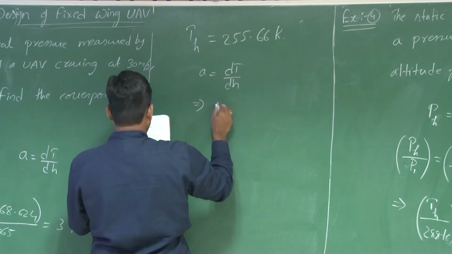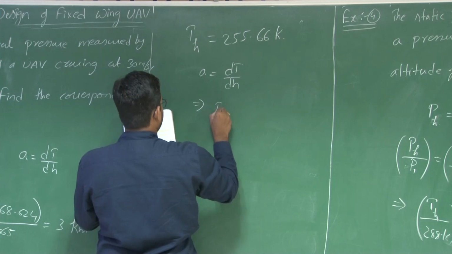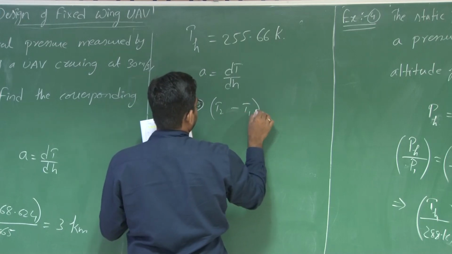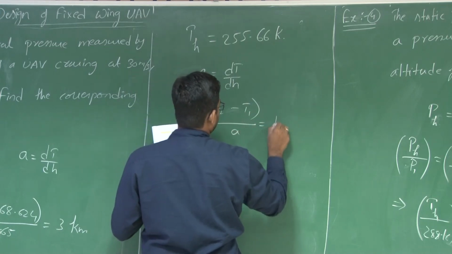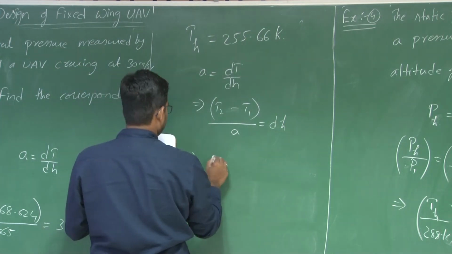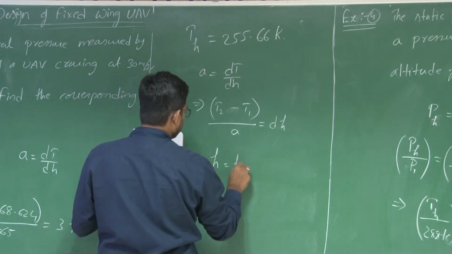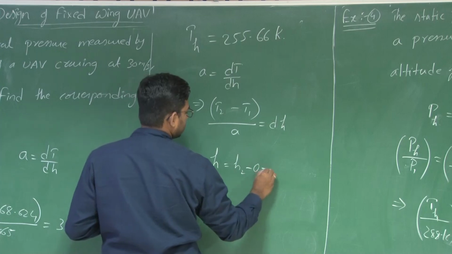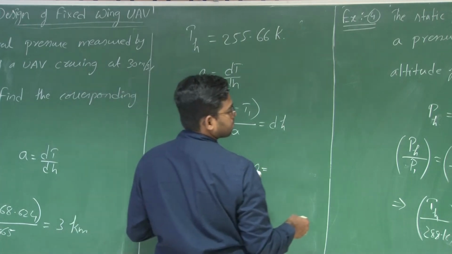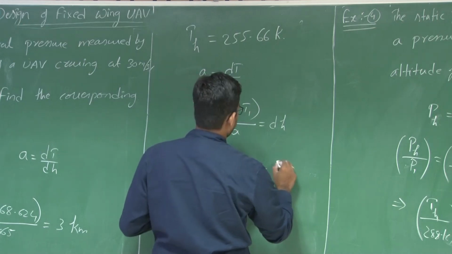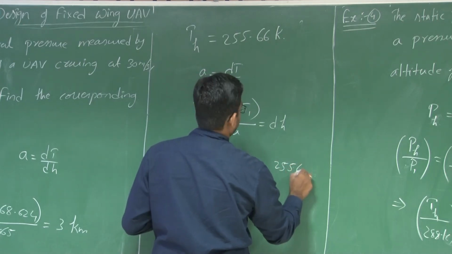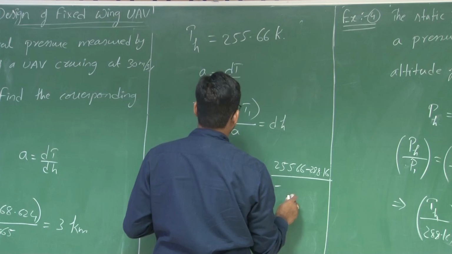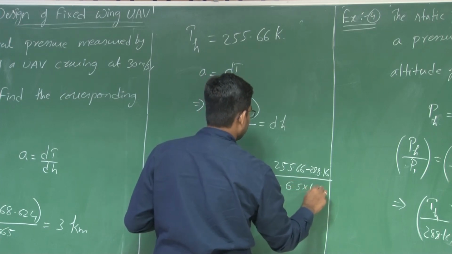We have T2 minus T1 divided by A is equal to dH, that is H2 minus H1 is equal to H, which is 255.66 minus 288.16 divided by minus 6.5 into 10 power minus 3.